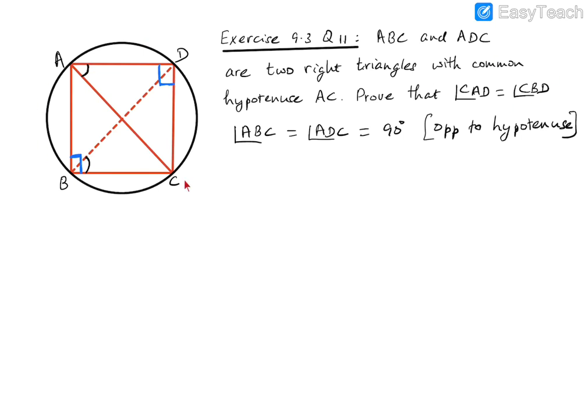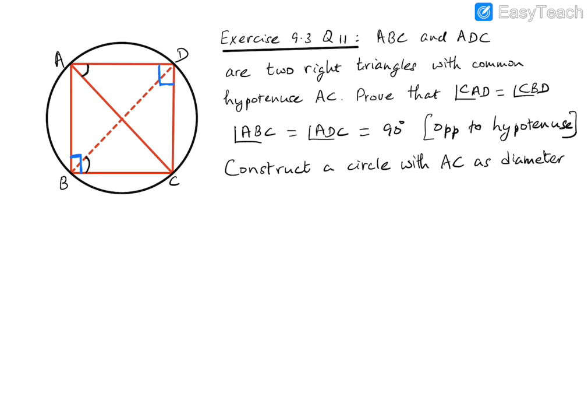We are able to construct the circle with AC as diameter because we already know that the angles opposite to AC are both 90 degrees.